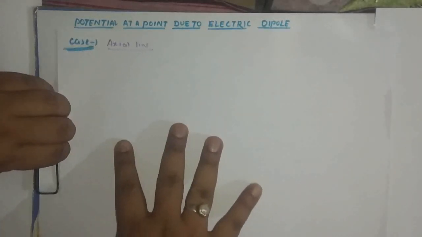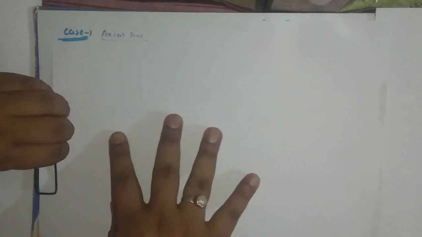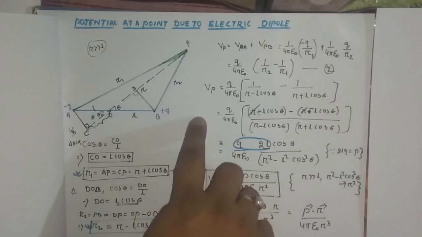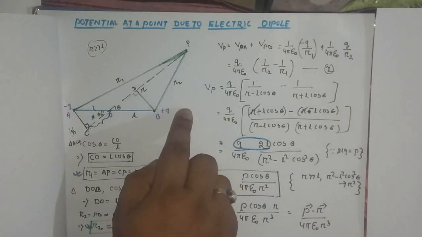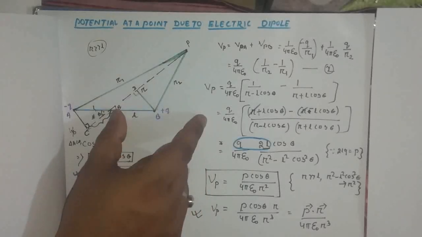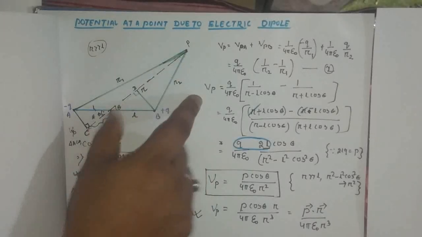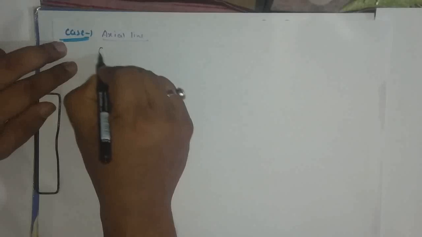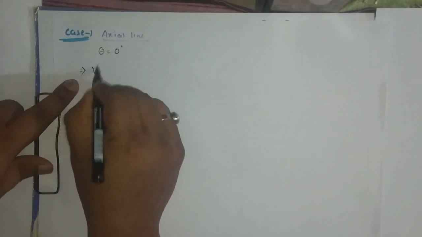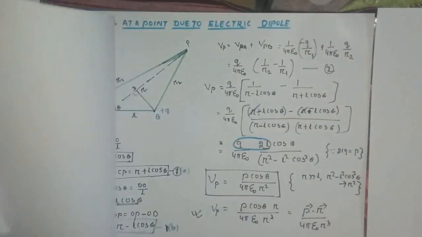Okay. If the point lies on axial line, let us look to the figure. That means point will lie here. That means theta will be totally, this line will totally merge with AB. Theta will be 0. If theta is equal to 0, then what will happen? Then Vp will become, what is the formula?